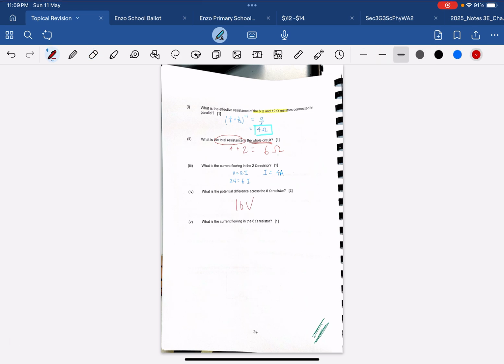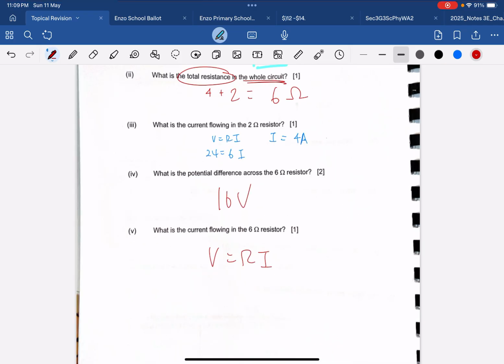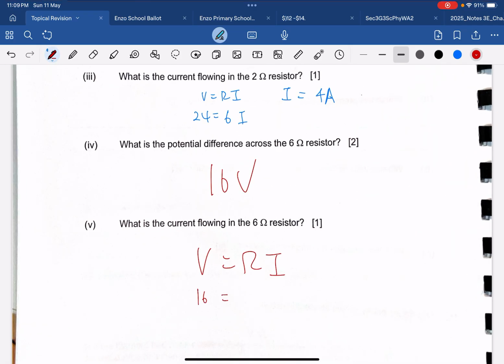16 volts. So what is the current? That is where you use V equals Ri to help you, which is easier. I get 16, my R is 6. So 16 divided by 6.